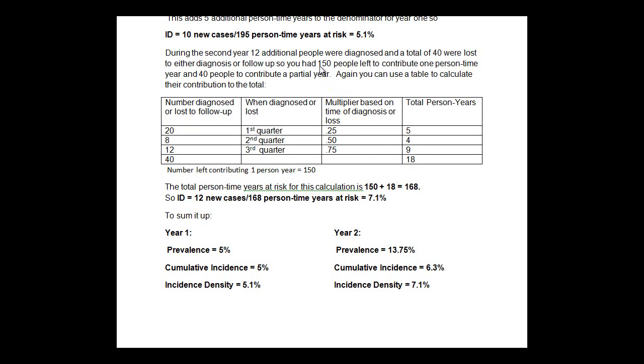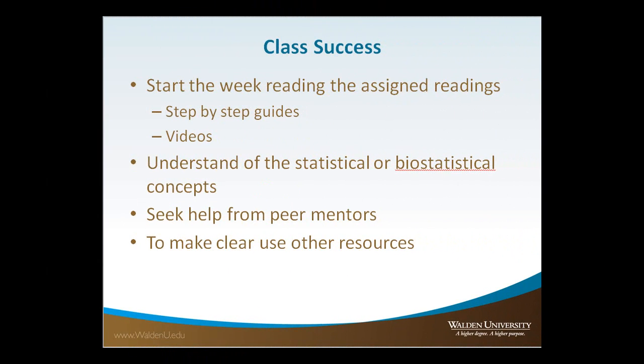So this calculation is 150 plus the 18 person years, giving us 168. We had 12 new cases in year 2, so it's 12 divided by 168, giving us an incidence density in year 2 of 7.1%.